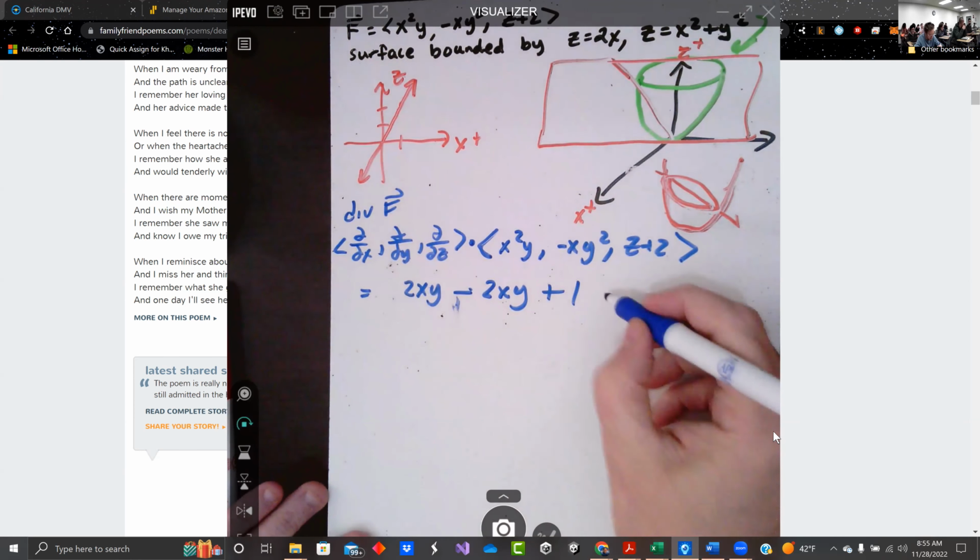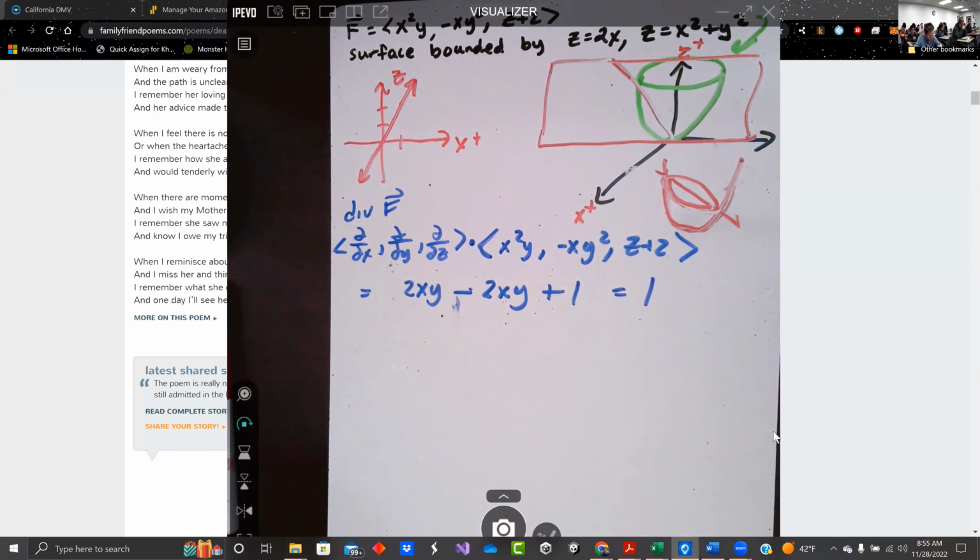The divergence of F is 1. We need more like current.